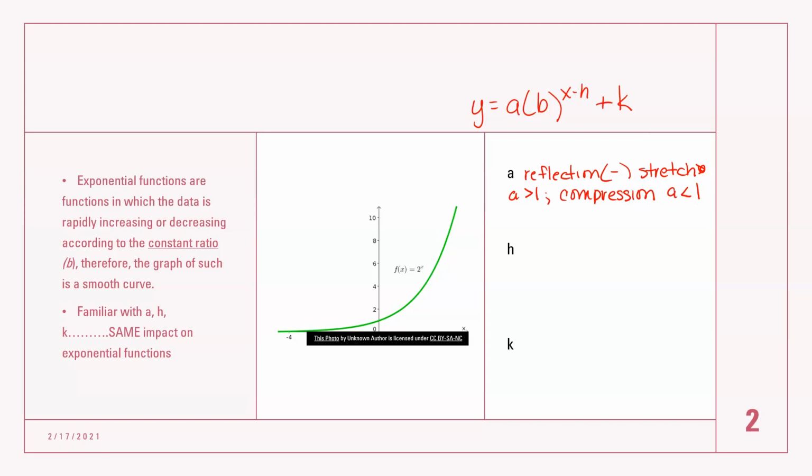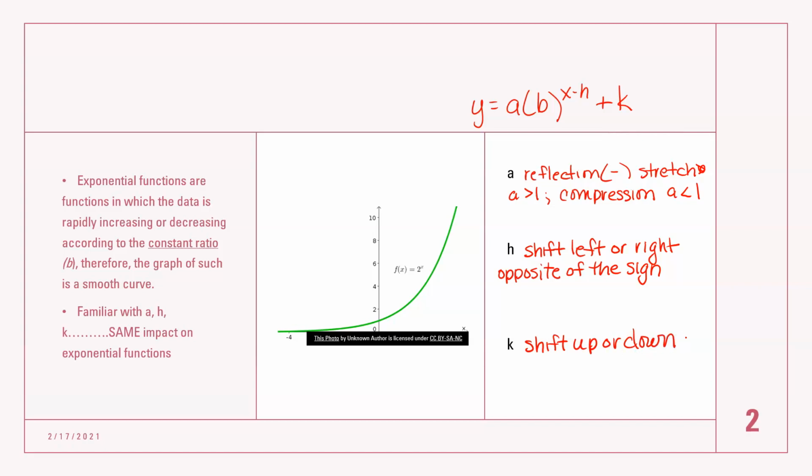Okay, the h is a shift left or right, opposite of the sign. And the k is a shift up or down. It's with the sign. So these things haven't changed.